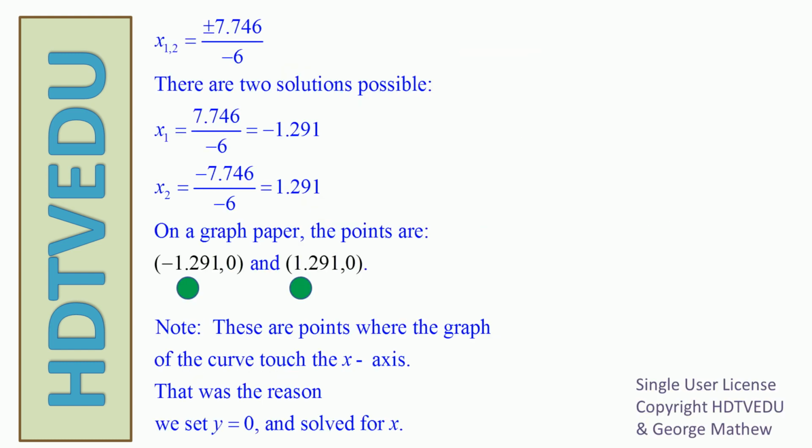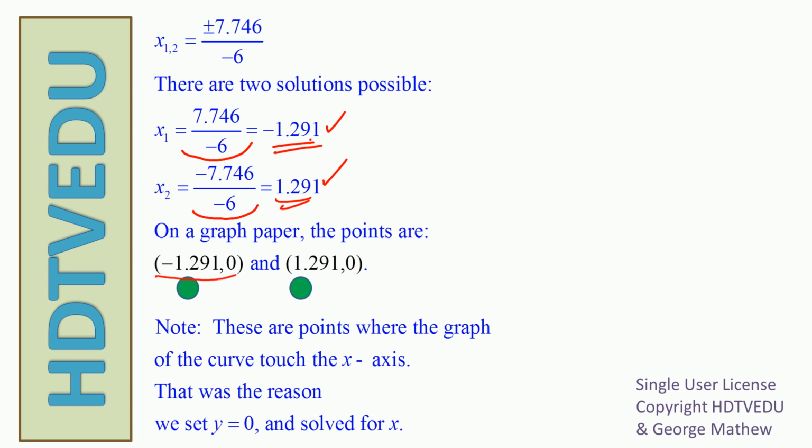From which you get two solutions, 7.746 divided by negative 6 and negative 7.746 divided by negative 6. From that we get negative 1.291 and positive 1.291. So what are our x-intercepts?